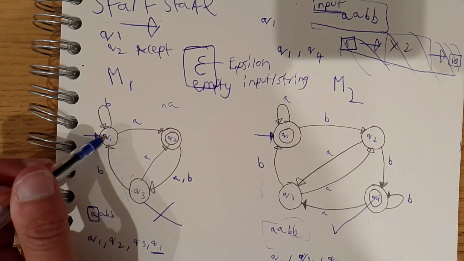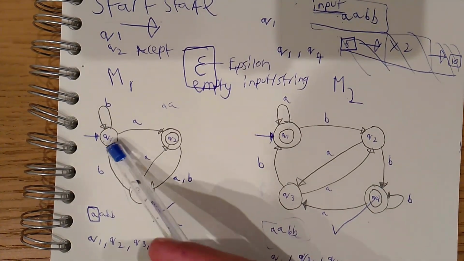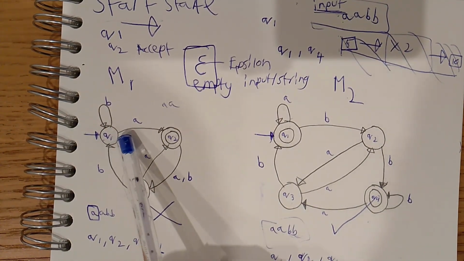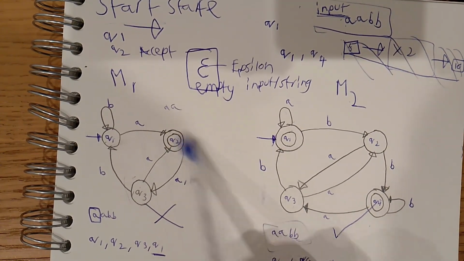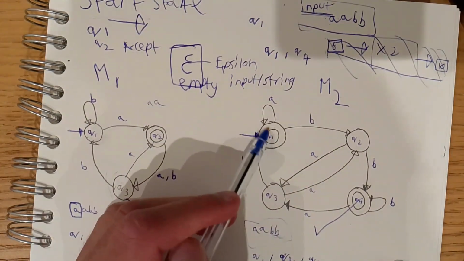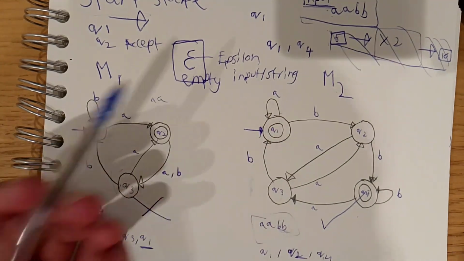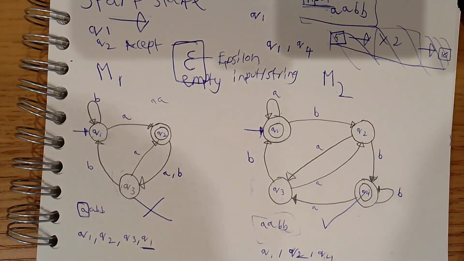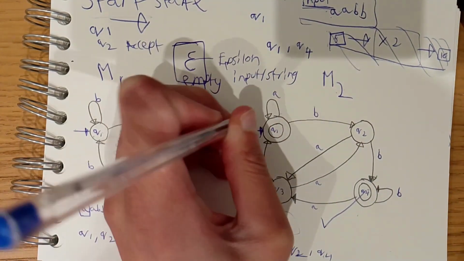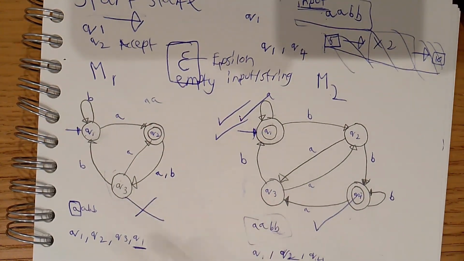It can only be nothing, and then it can be accepted. But Q1 is not the target circle, so M1 is not going to work. However, for M2, the starting state is the accepting state because it's the target circle. So epsilon will be accepted for M2. And that is very good.